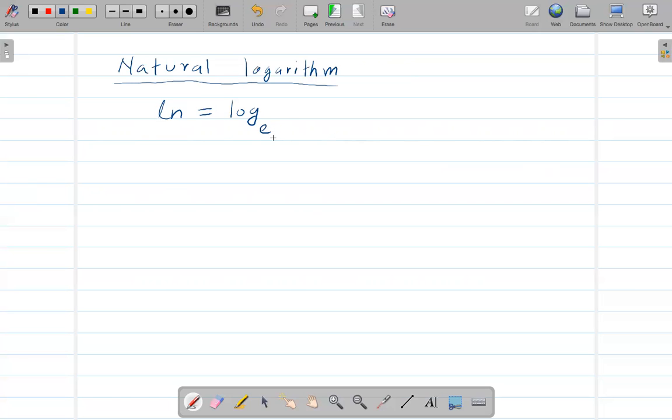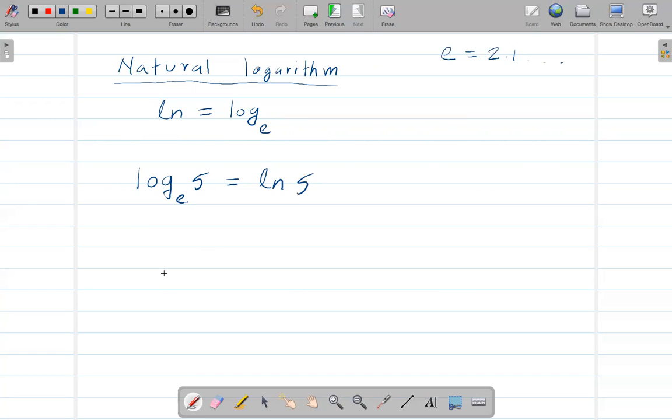If you go back to 6.1 or 6.2, e is some value, a number, 2 point something, I don't remember. But whenever you see ln or natural log, that means this is log base e. So if we have log base e of 5, we can write this as natural log of 5. Basically we're replacing log base e by natural log.